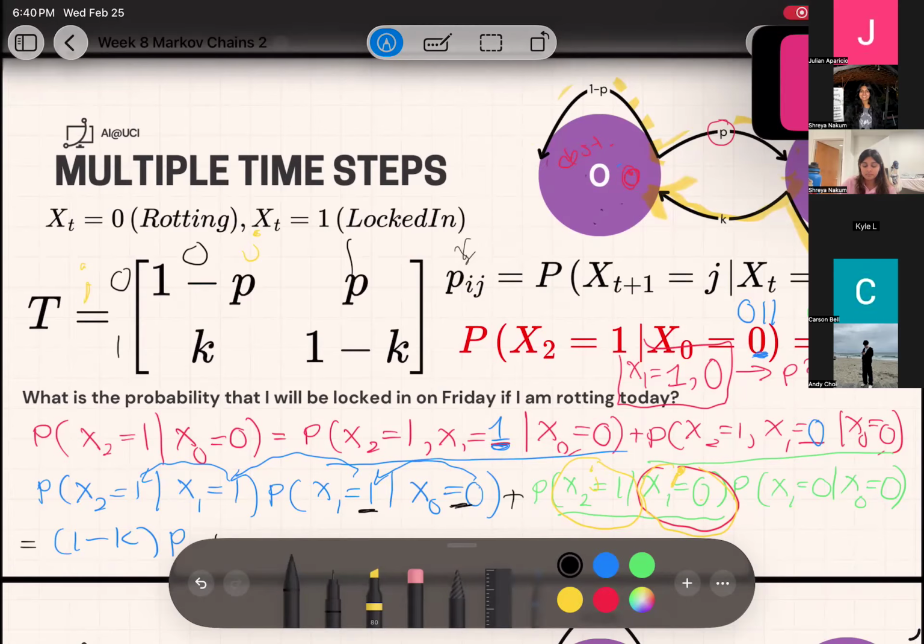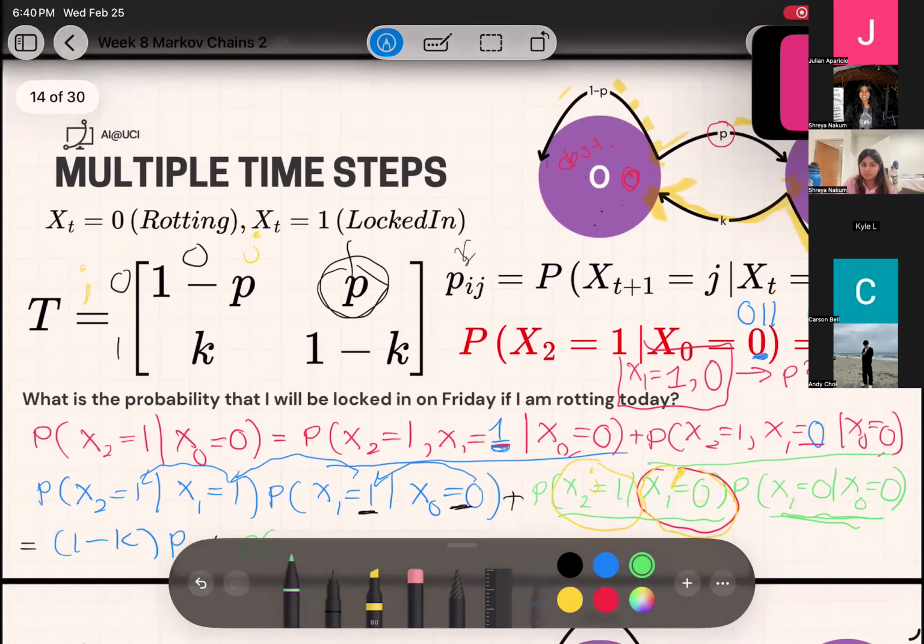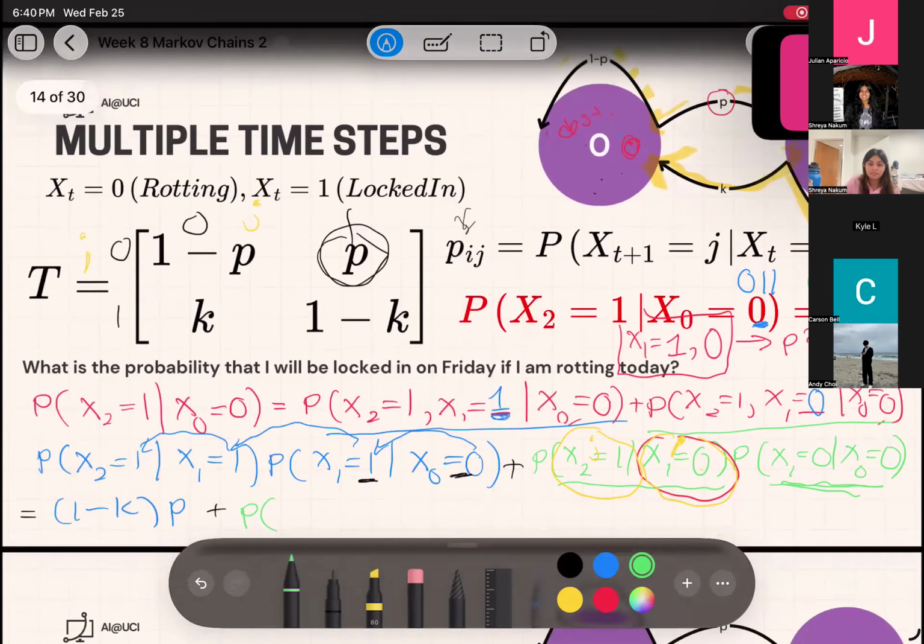Probably p. Yeah, that would be p right there. It would be p times. And then what about this probability here? 1 minus p.